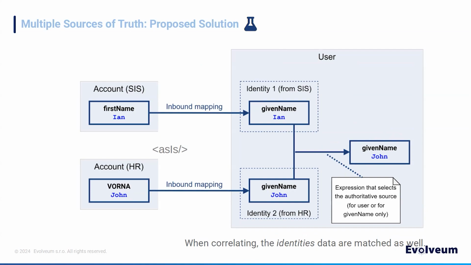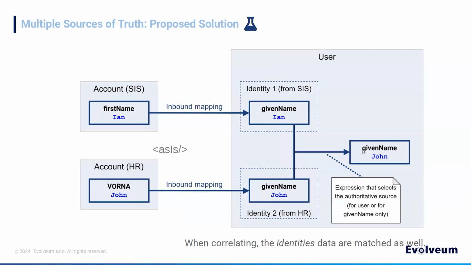You then just have to write an expression that gets the data about identities of the user and says which one is to be taken as authoritative either for all the data or just for a particular property. And this value from this identity will get automatically transferred into the target property, the given name in this case.